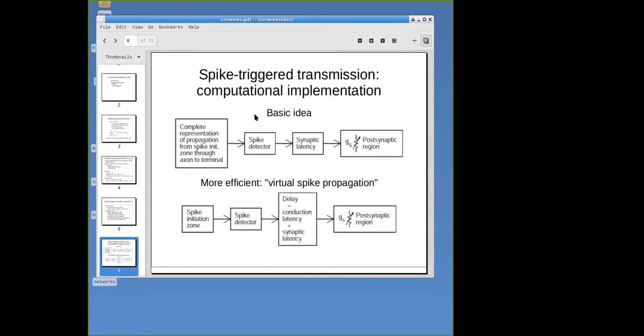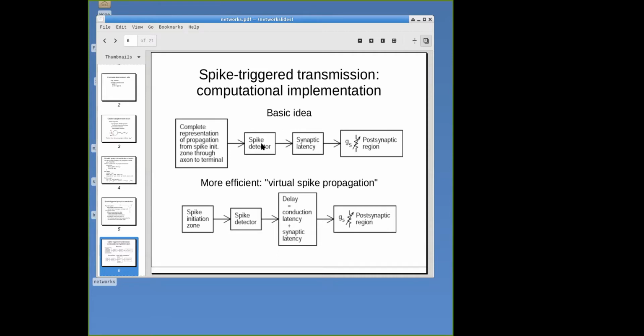Our basic idea is represented by this little block diagram. Here we have our representation of the presynaptic cell, including propagation from the spike initiation zone through the axon to the terminal. At the terminal, we attach a spike detector.